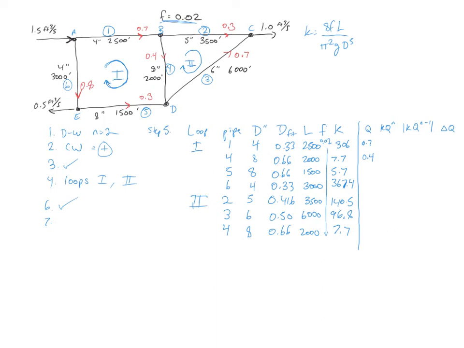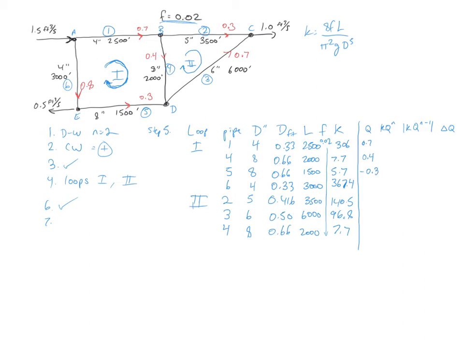But when I get to pipe 5, the flow is going to the right against where this clockwise loop is pushing. So instead of calling that a flow of 0.3, I'm going to call it a flow of negative 0.3 because it's going against my convention.